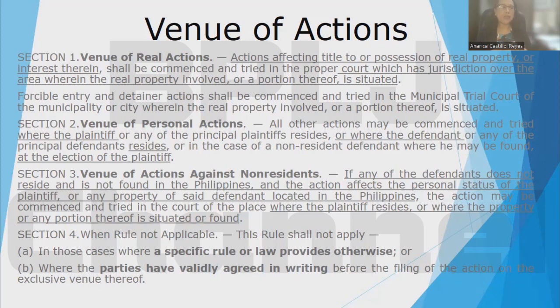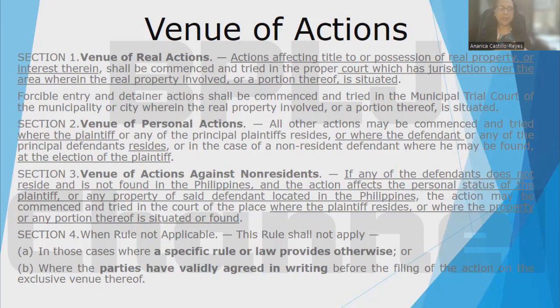You can just imagine if, for example, the residence of the plaintiff is in, let us say, Cabanatuan City and San Jose City, and then the venue will be, for example, in Cagayan de Oro City.